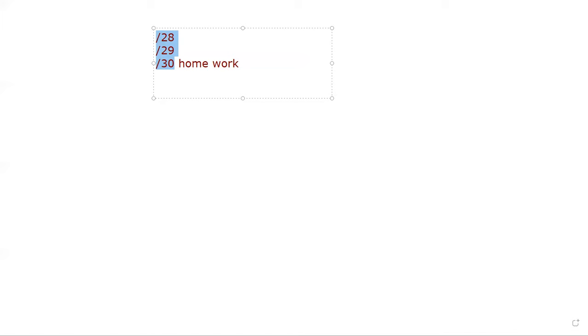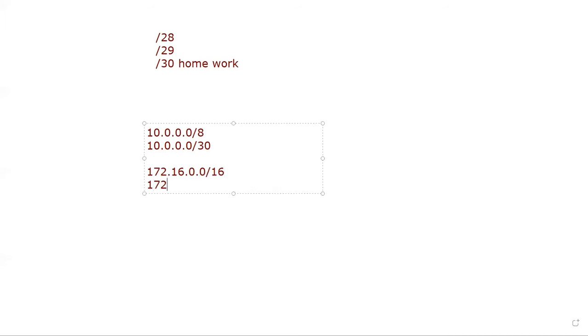One thing I want to explain. In A class, the minimum value is /8, but maximum they can go with /30. In B class, the minimum value is /16, maximum they can go with /30.